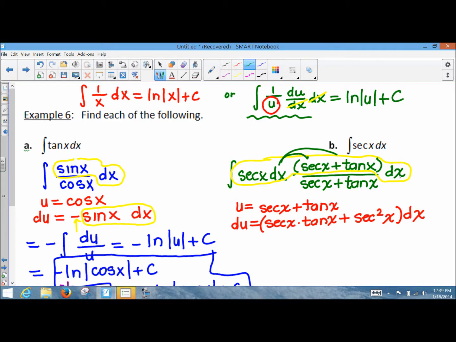And then, of course, they both have a dx. So we have now maneuvered ourselves into a position where we can say that this is nothing more than a big old du on top of secant plus tangent, which was our u, which then, of course, means we have the natural log of the absolute value of u plus c, and then we finish off back substituting in for u.